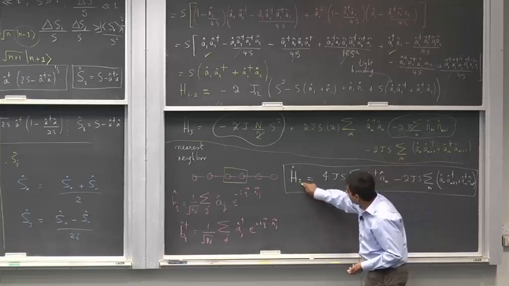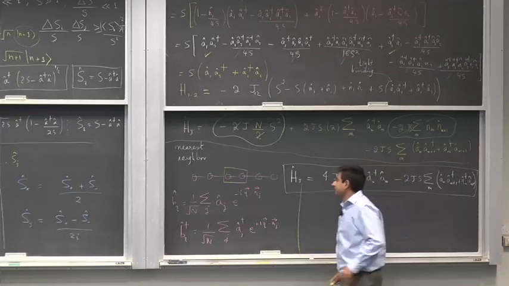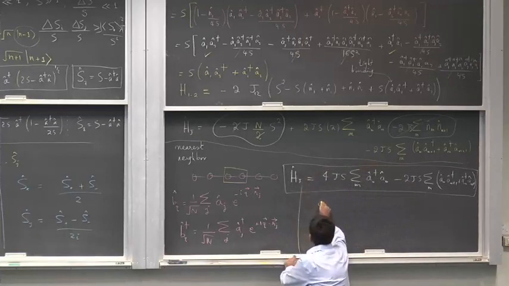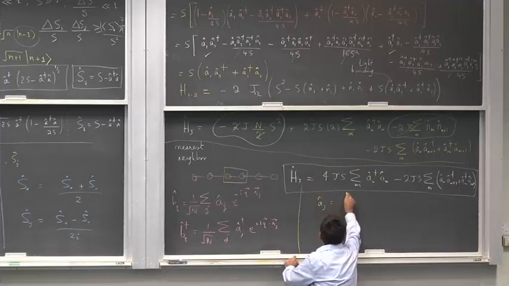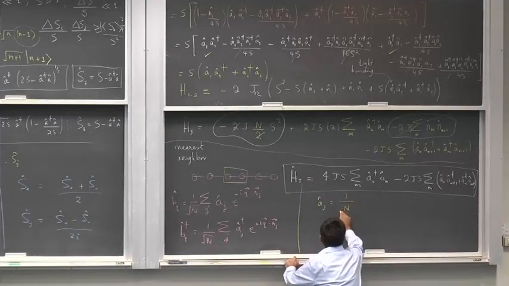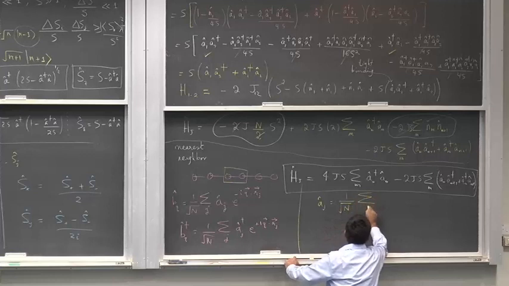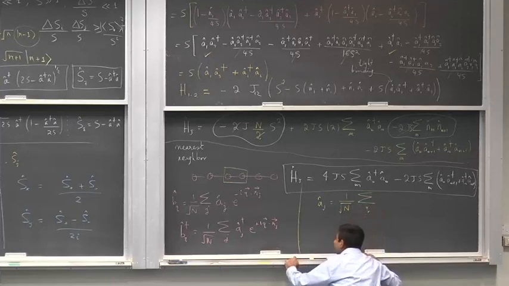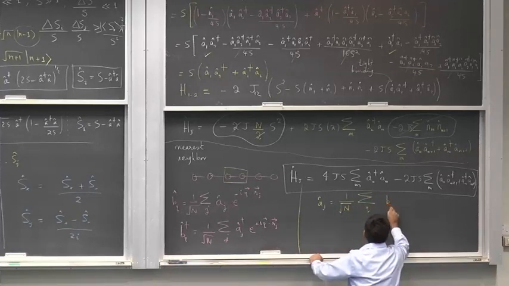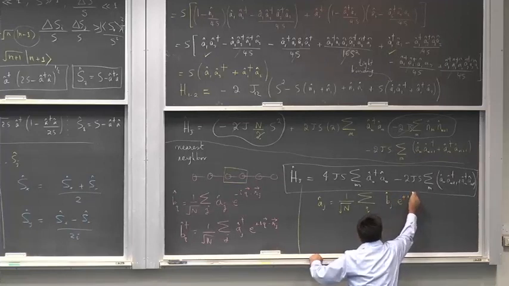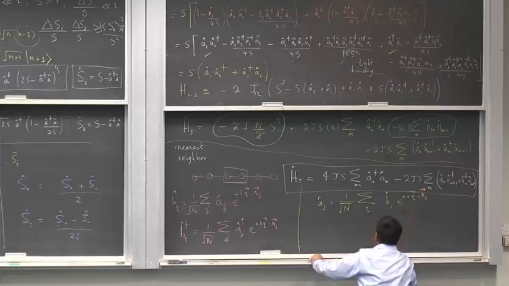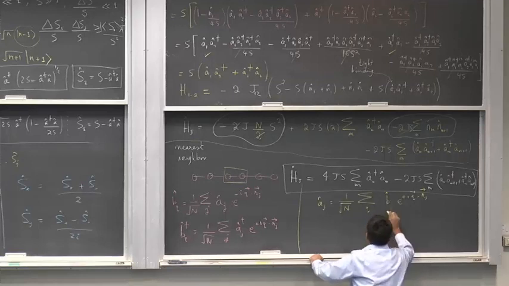Okay, so how do we do that? That's simple. a_j equals 1 over square root n sum over all the modes, all the wave numbers q, of b_q e to the plus i q r_j.